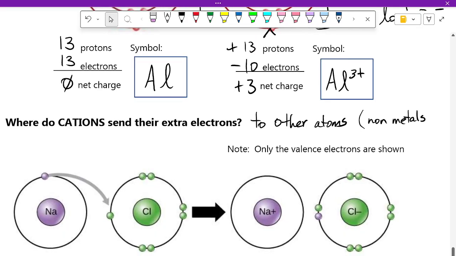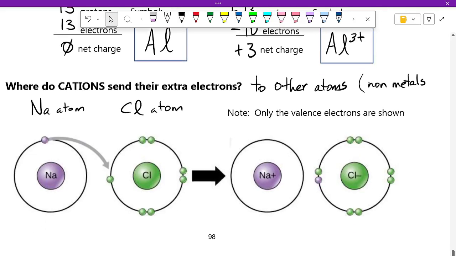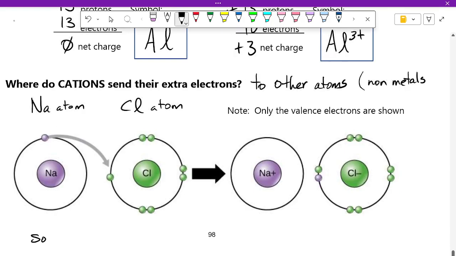So for example here, we've got these 2 atoms. We've got sodium and we've got chlorine. This is a sodium atom, and this is a chlorine atom.